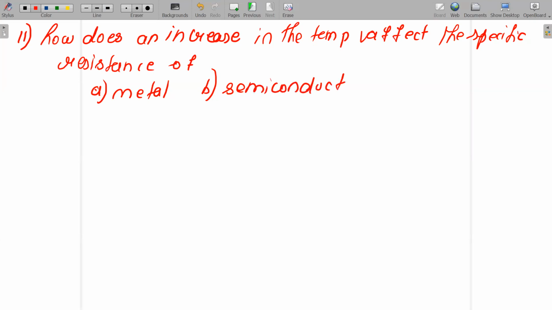I hope you guys studied what is meant by specific resistance, right?